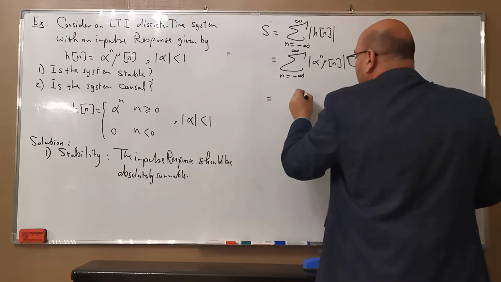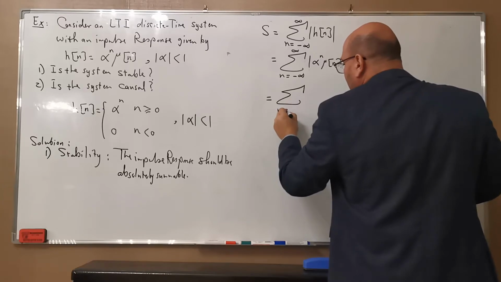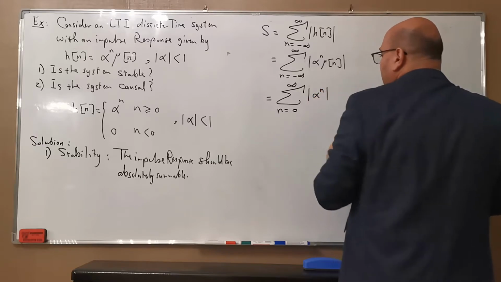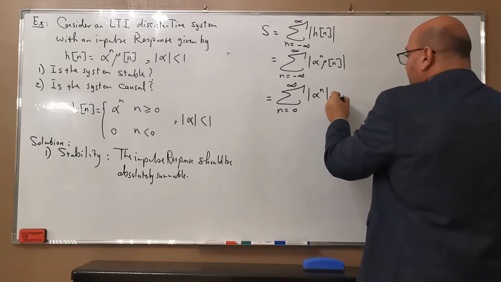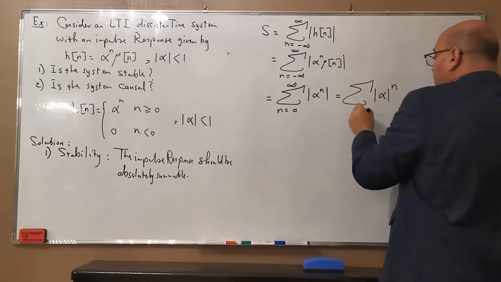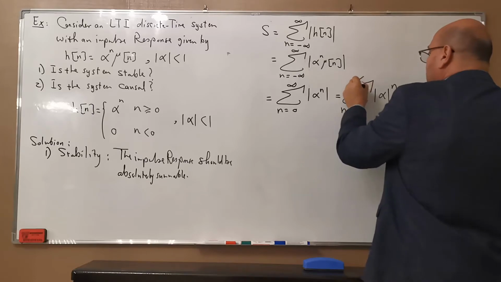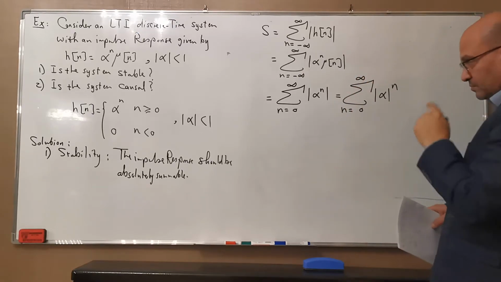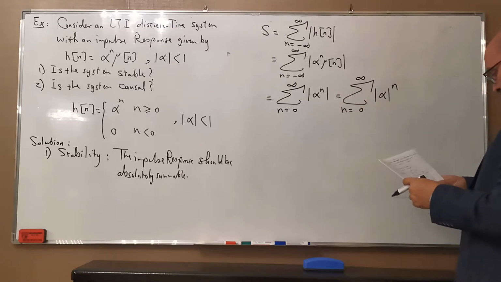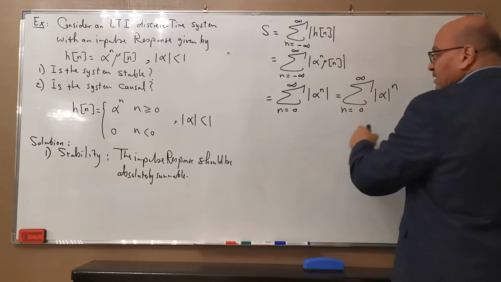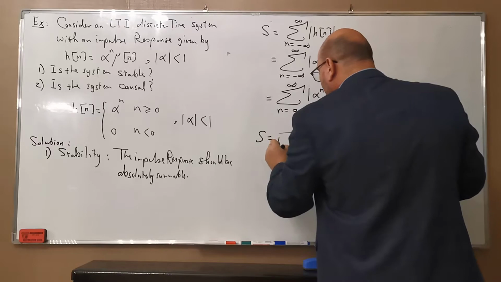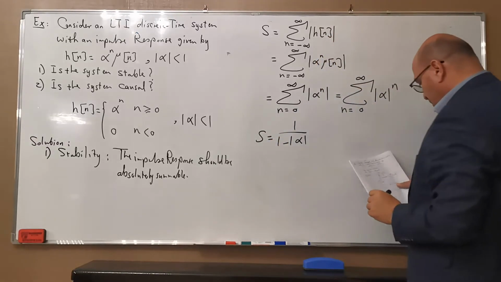So we can redefine the summation from n equals 0 up to infinity of the magnitude of alpha to the power n. Since the magnitude of alpha is less than 1, S is equal to 1 over 1 minus the magnitude of alpha.